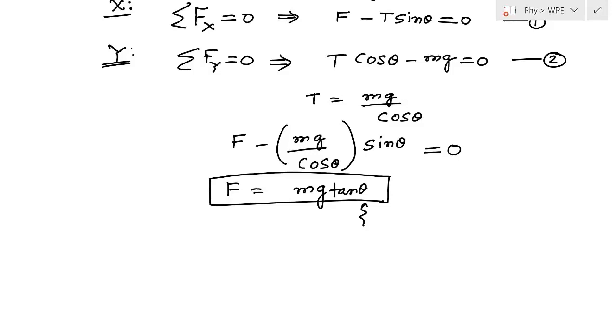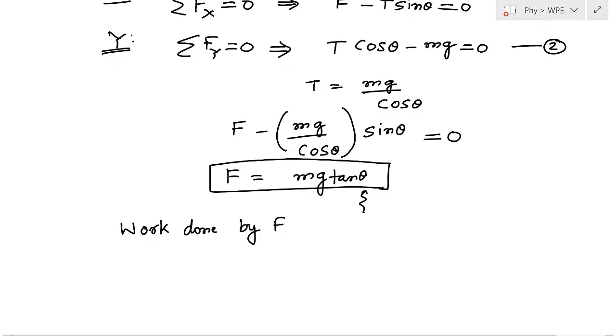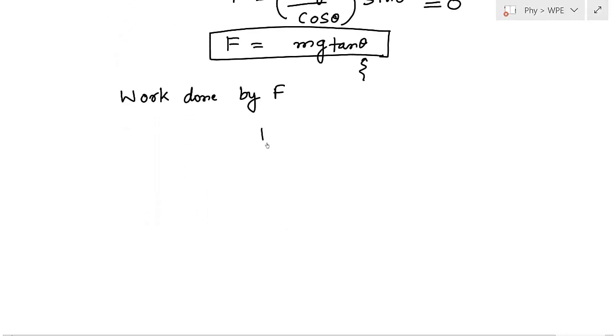So now let us find the work done by this force F. For this work done, once again we will use work is nothing but F dot dl, and then I have to integrate. Now in this case, what is the angle between F and dl?